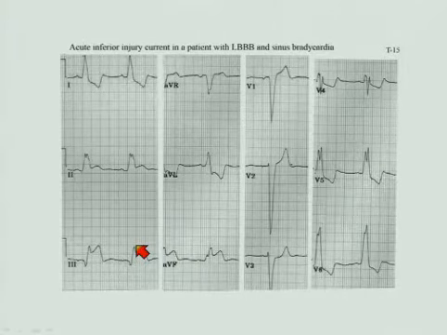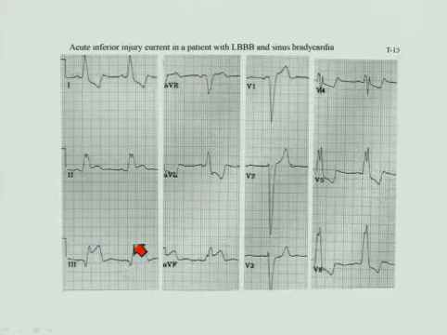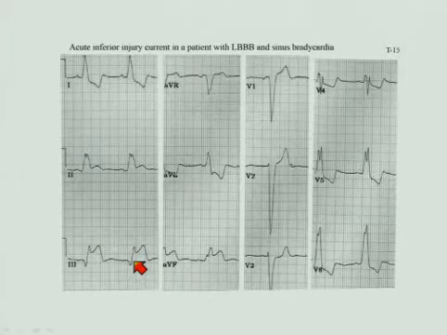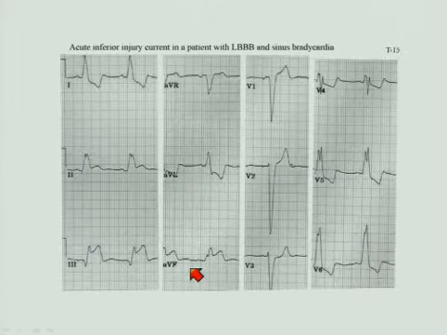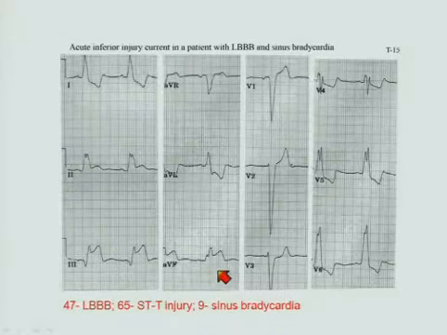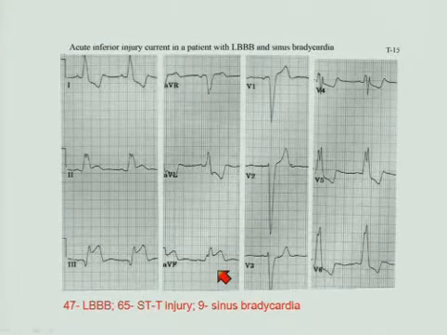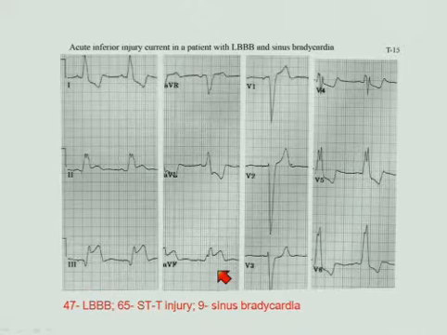In fact, the characteristic finding is depression, right? So if you superimpose a current of injury in that setting, you can recognize it. So this would be an acute current of injury in a patient with left bundle branch block. And for the test takers, it would be 47, 65 STT injury, and number 9 sinus bradycardia.